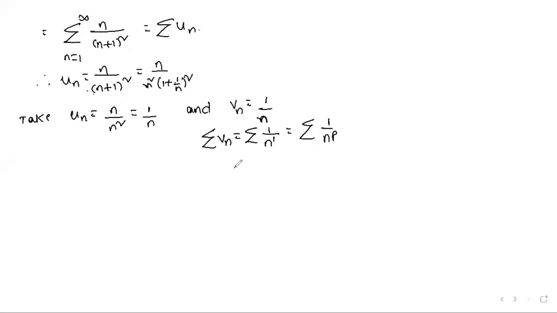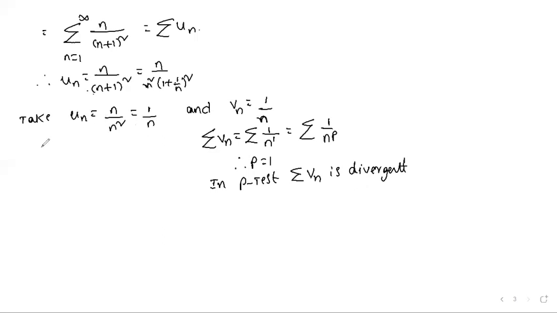So here p is equal to 1 in the p series test. In the p series test, summation vn is divergent. If p is less than or equal to 1, it is divergent. If p is greater than 1, it is convergent.